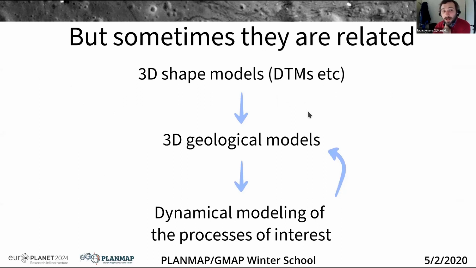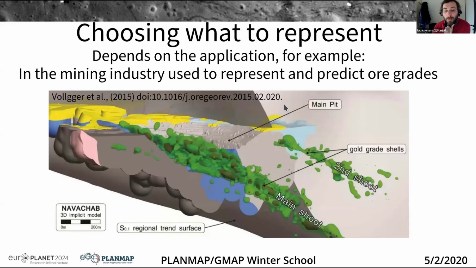And we need a 3D geological model if we ever want to perform dynamical modeling of a very specific process we are studying. And of course, these different fields can talk to each other and can provide interesting feedback in all the directions.